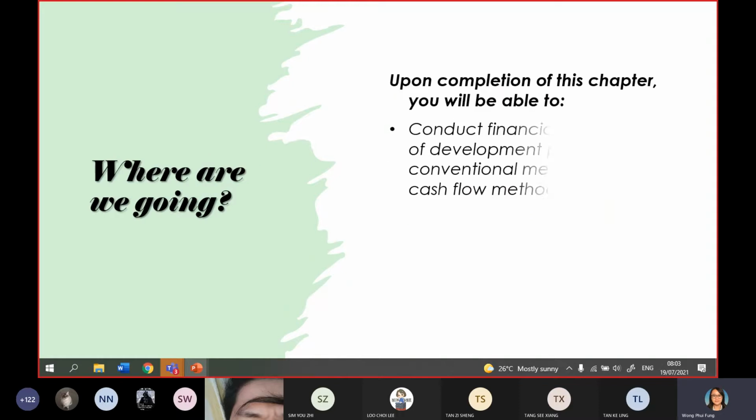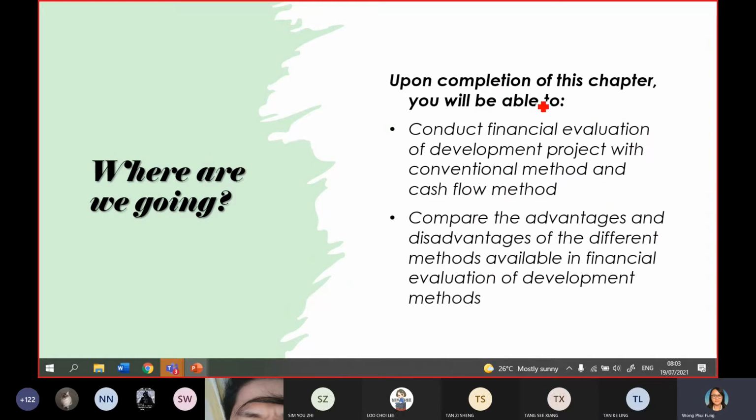So for today, upon completion of this chapter, you'll be able to conduct financial evaluation of a development project with the conventional method and also the cash flow method. So basically in this chapter, I'm going to introduce a few different types of how you are going to prepare your development budget.